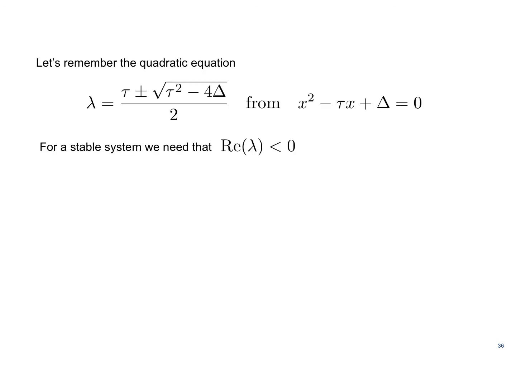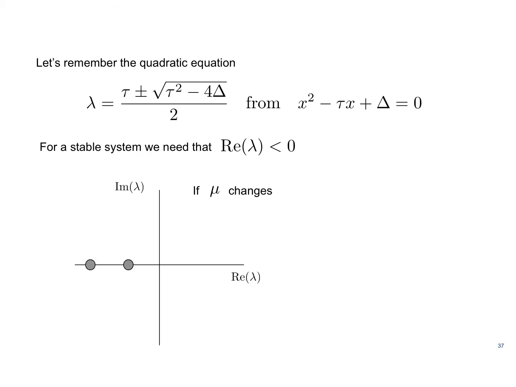If you remember, this is our formula that has been with us already for a long time, and we know that this can lead to a complex number if this quantity here is smaller than 0, and we will obtain a pair of complex conjugate eigenvalues because of this plus and minus.